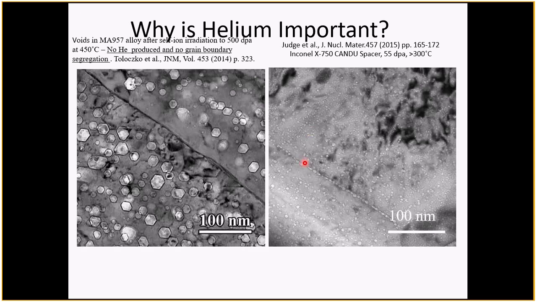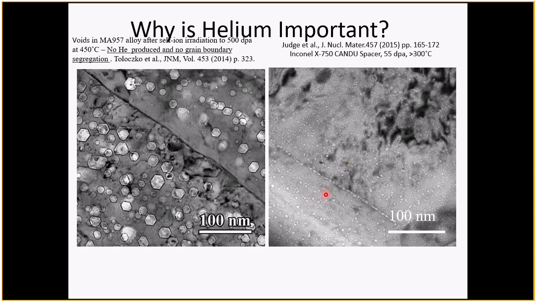But when you have helium, the helium can get to the boundary, and when the helium's at the boundary, it'll stabilize vacancies, vacancy clusters, and you do get this higher concentration of helium along the boundaries.